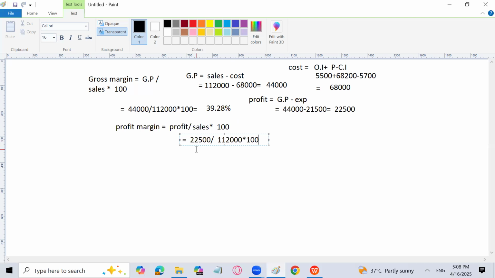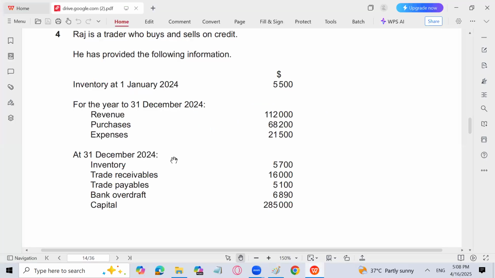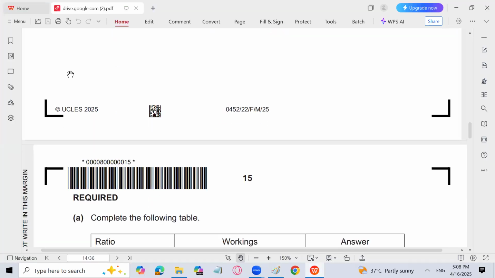So what is the amount? 20.08%. So 20.08% is the profit margin. Now let's move forward. Gross margin we have calculated, profit margin as well.